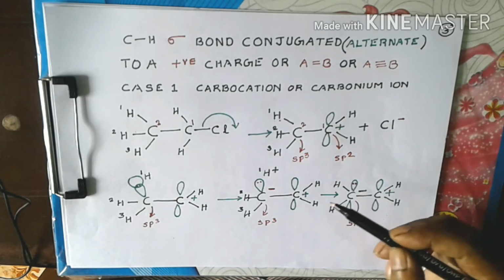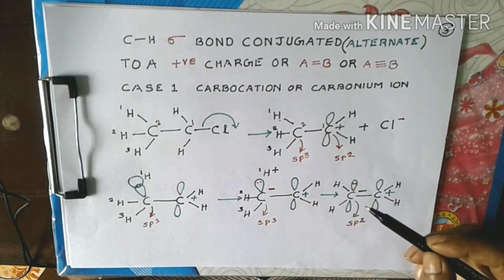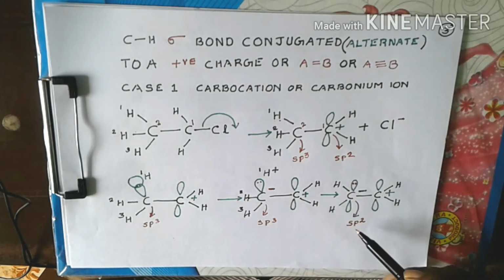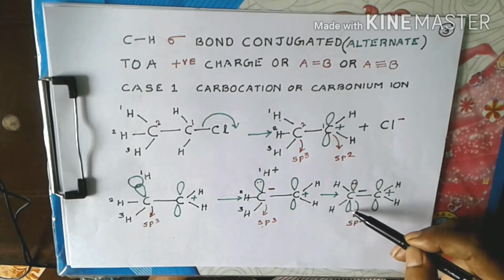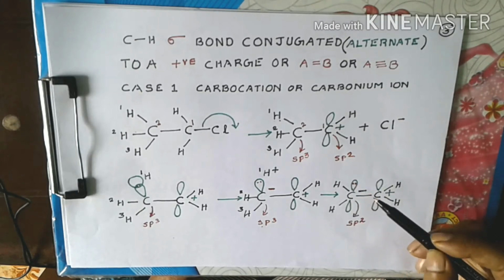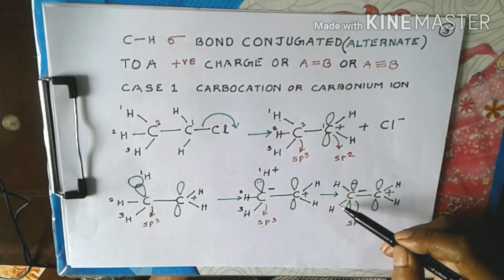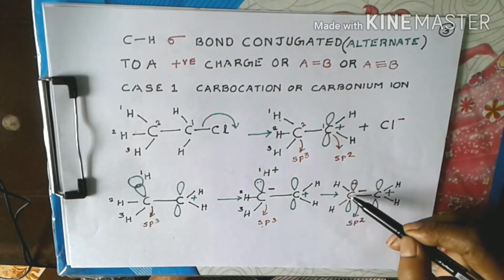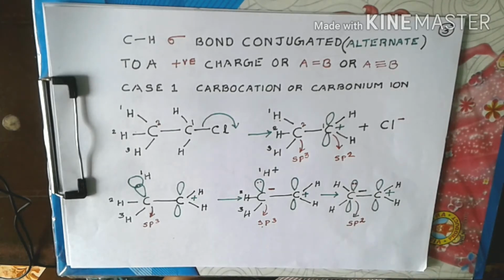Then carbon 2 undergoes a change in hybridization from sp3 to sp2. So we get a p orbital with a lone pair, a pair of electrons and negative charge, and the C-H bonds lie in a plane perpendicular to the p orbital containing the lone pair of electrons.